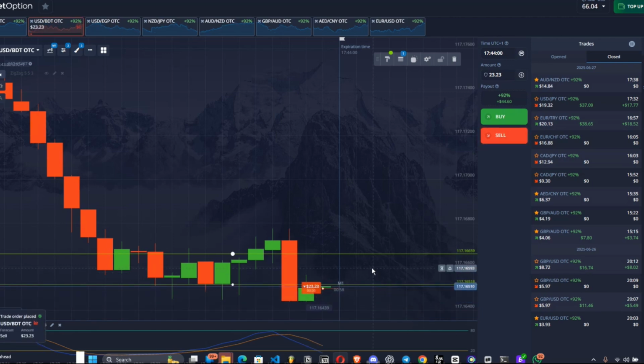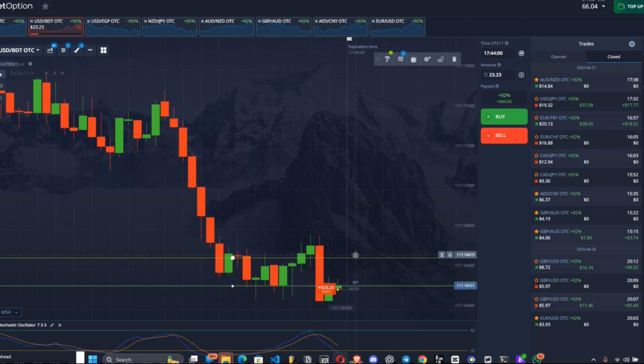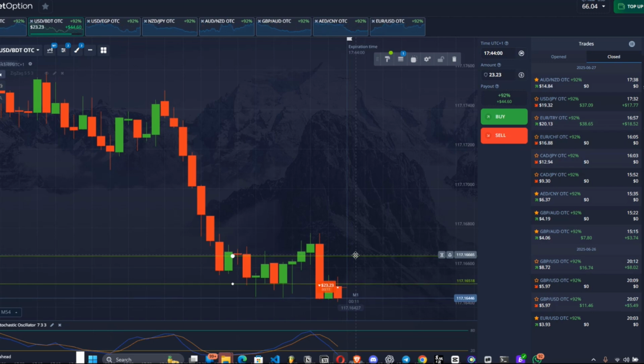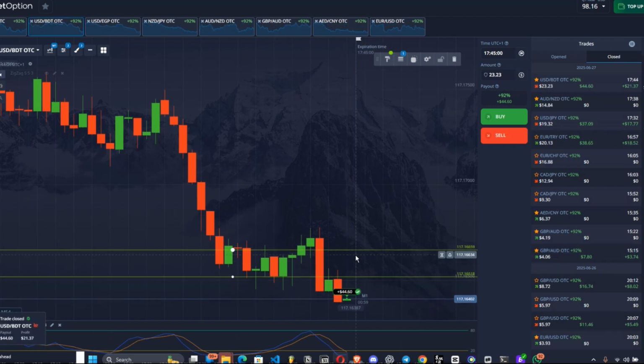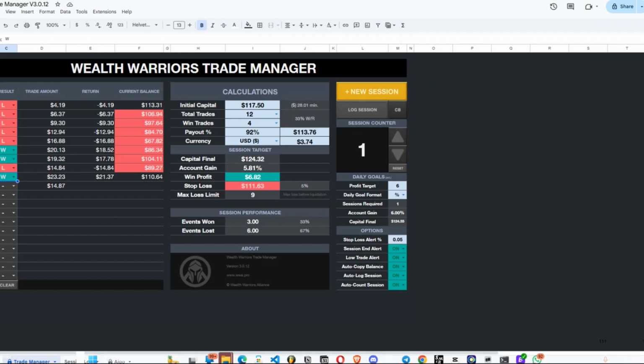So I took a sell here. So this should be our last trade, hopefully, that we win.